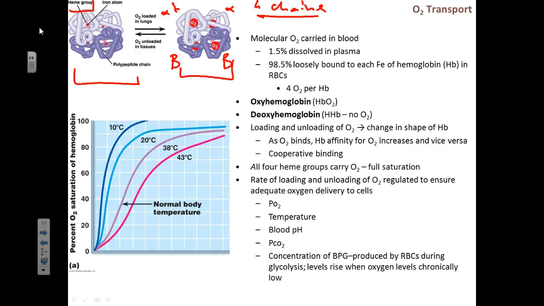So far, you staying with me? Each molecule of heme contains 1 iron and can bind 1 oxygen. So think about this as a simplified version of hemoglobin. You have alpha, alpha, beta, and beta. Does that make sense? That's oxygen.